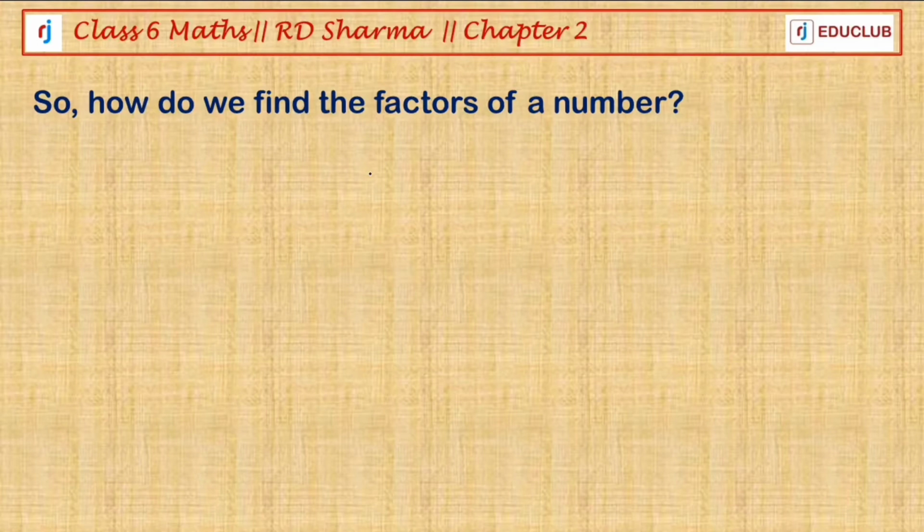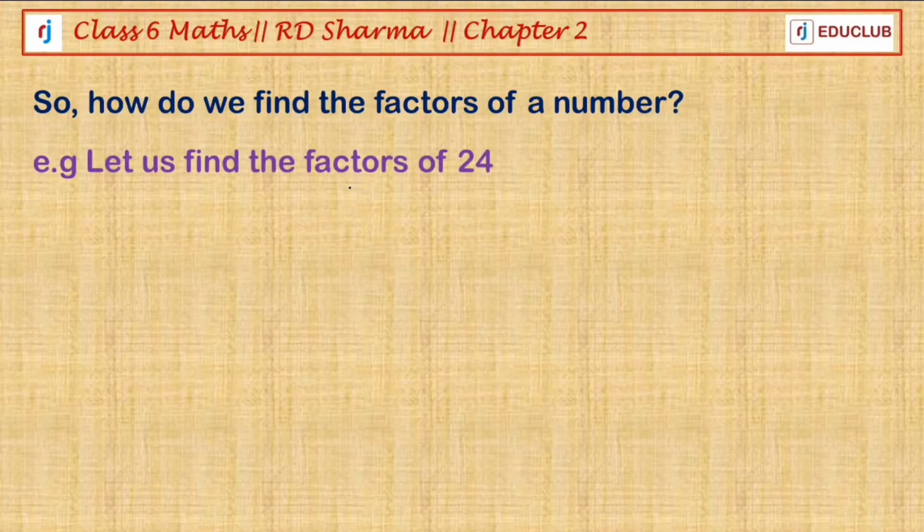So, how do we find the factors of a number? Let us find the factors of 24. We will start with 1. Can we multiply 1 with any number to get the result 24? Yes, 1 into 24 is equal to 24.